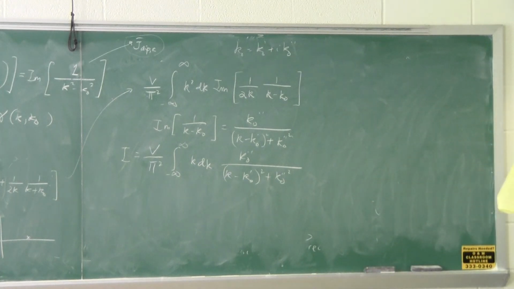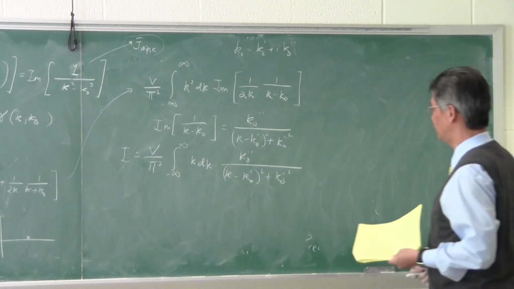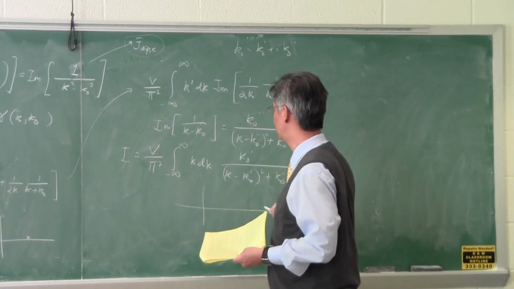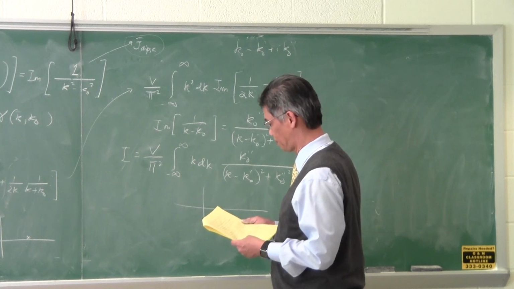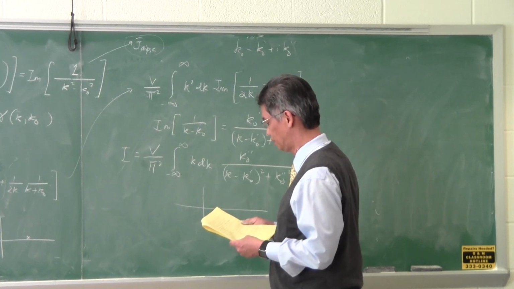Now Jordan's lemma is satisfied. The denominator grows faster than the numerator. So you can deform the contour.